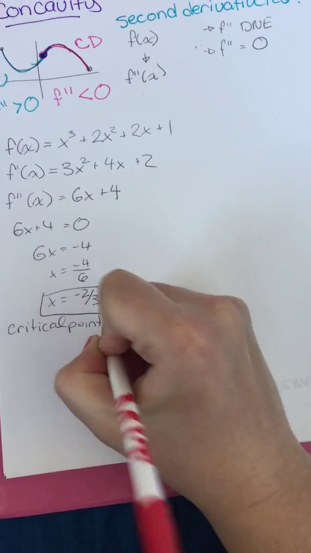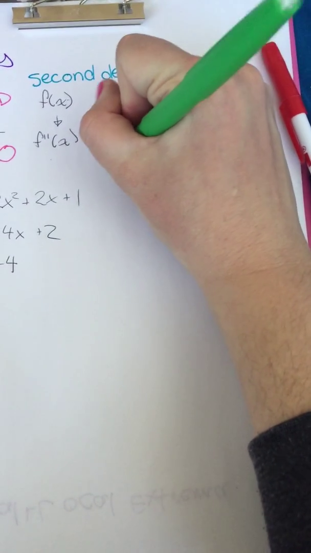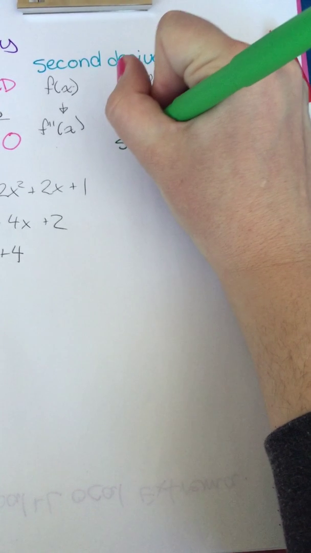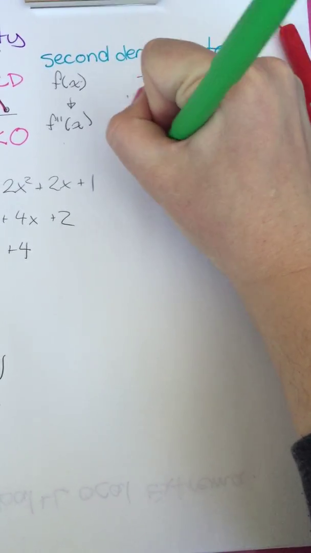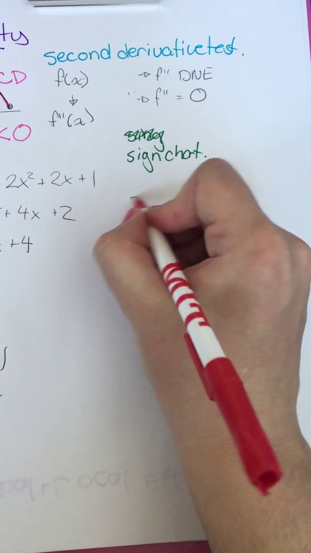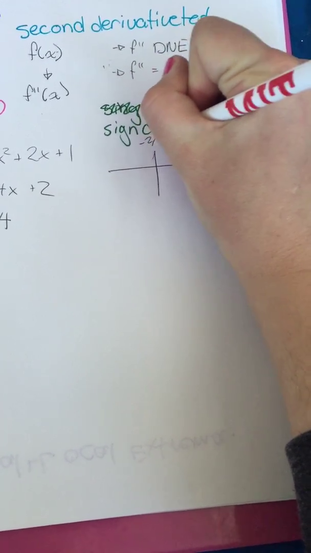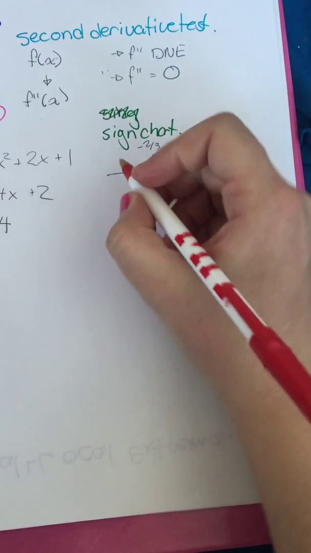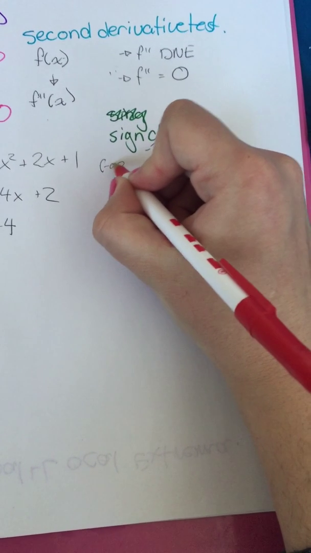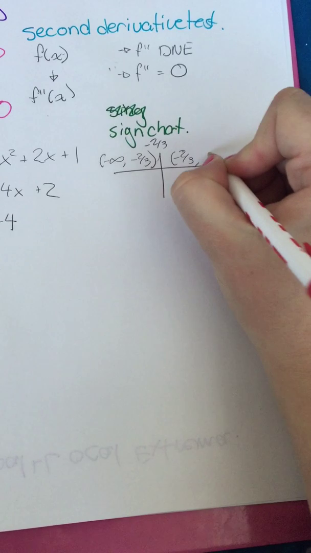If you watched the previous video, you noticed that we did a sign chart. It's basically a number line, we stick our point, negative 2 over 3, and we stick points on either side. So we go negative infinity to negative 2 over 3, and negative 2 over 3 up to positive infinity.